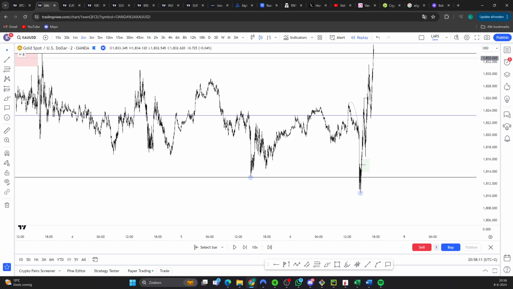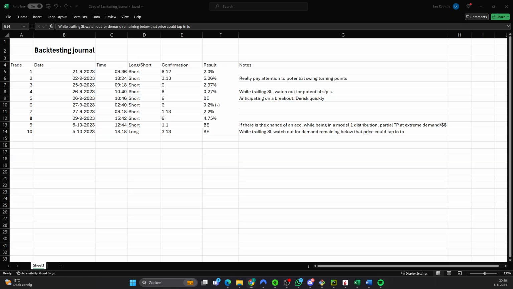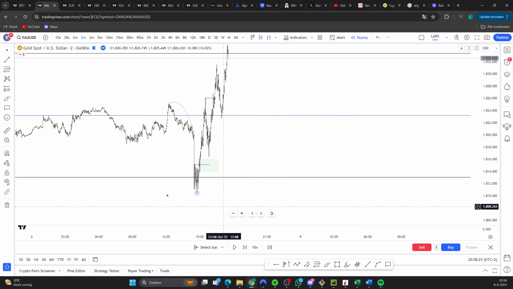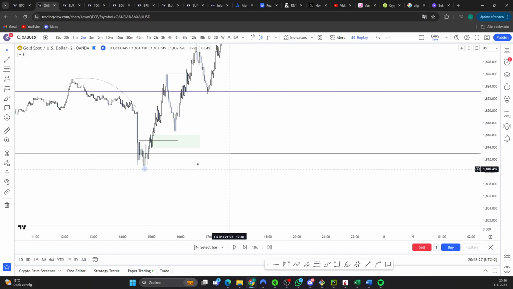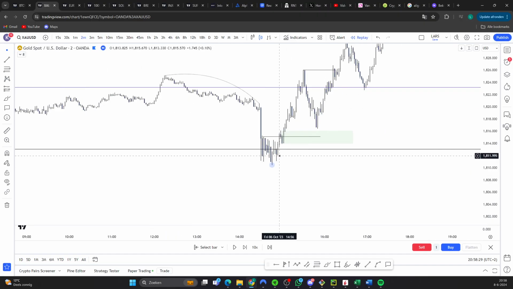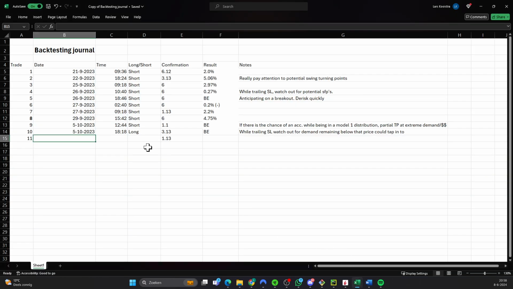1.13. Yeah, 1.13 trade. Meaning of the entry, 1456.